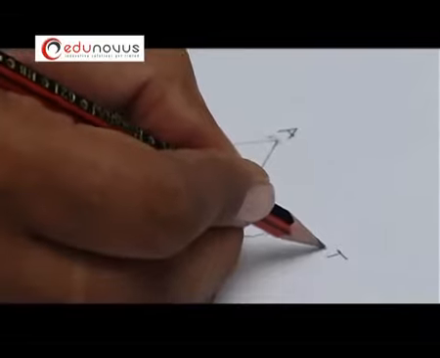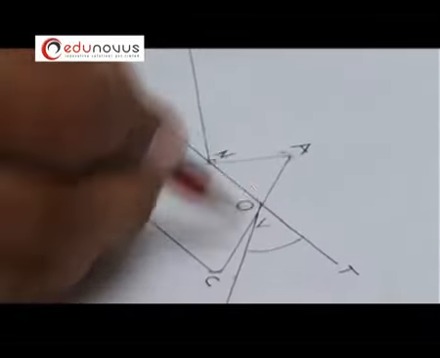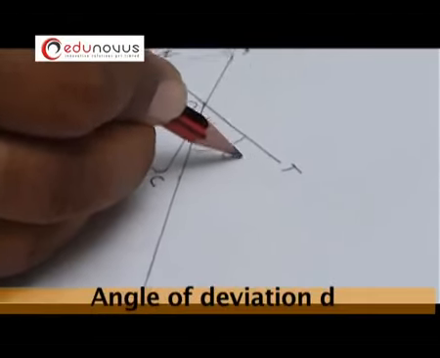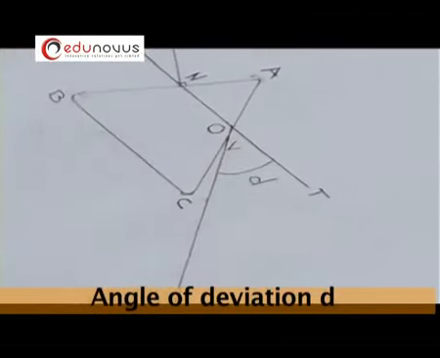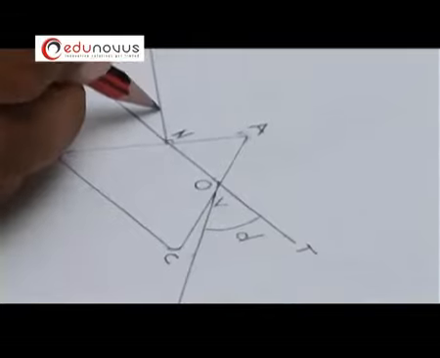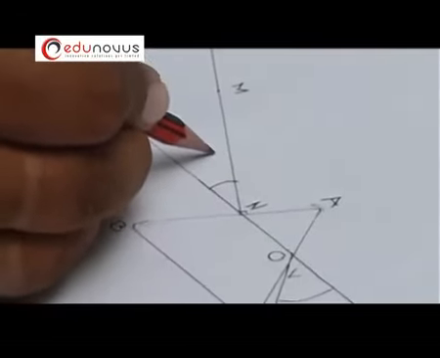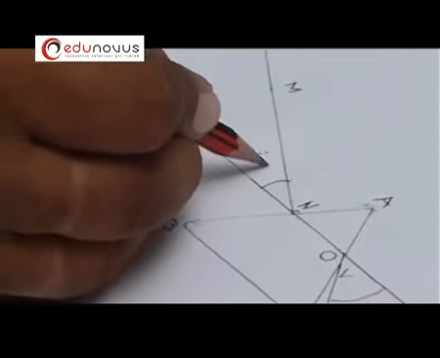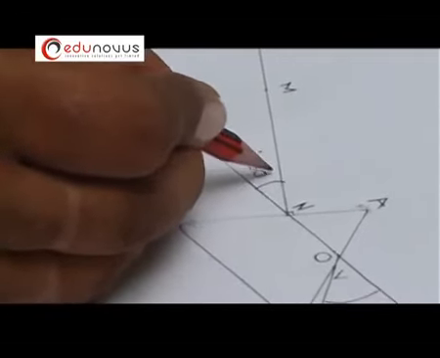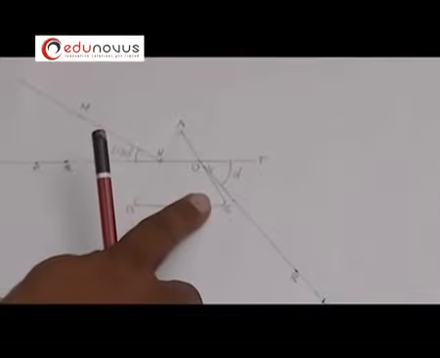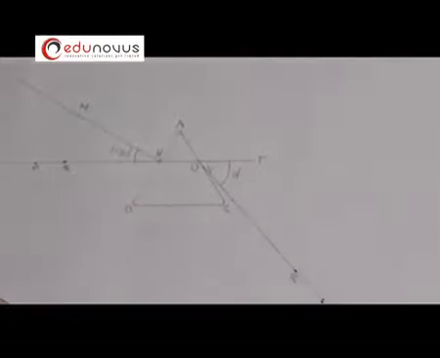The angle subtended between T, O, S is angle of deviation D. And the angle between MN and PQ is angle of incidence. We took here, it is equal to 30 degrees. By using a protractor, we can measure the angle of deviation.